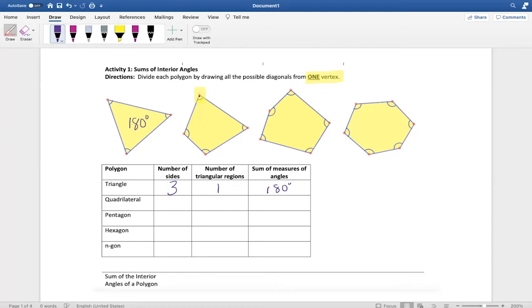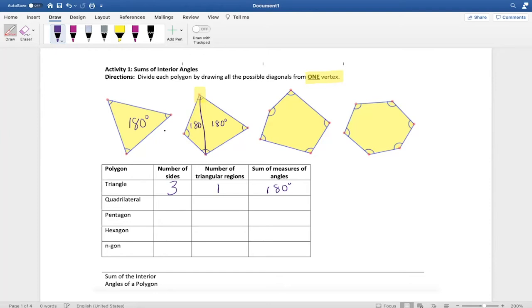And the only diagonal I can draw is to that other vertex. The other ones are the sides. Now, notice by drawing that diagonal, it divides it up into 2 regions, and each region is another triangle. So that's 180 degrees total of all the angles in that section. And then this is another section with all the angles adding up to 180.